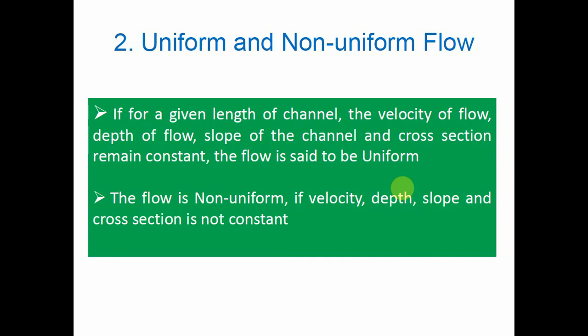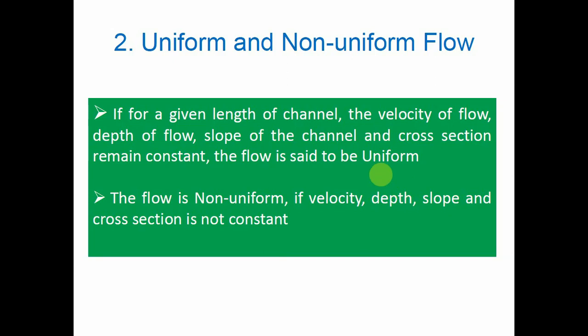Second one, uniform and non-uniform flow. If the velocity of the flow, depth of the flow, slope of the channel, and area of the cross section remain constant for a given length of the channel, the flow is said to be uniform flow.